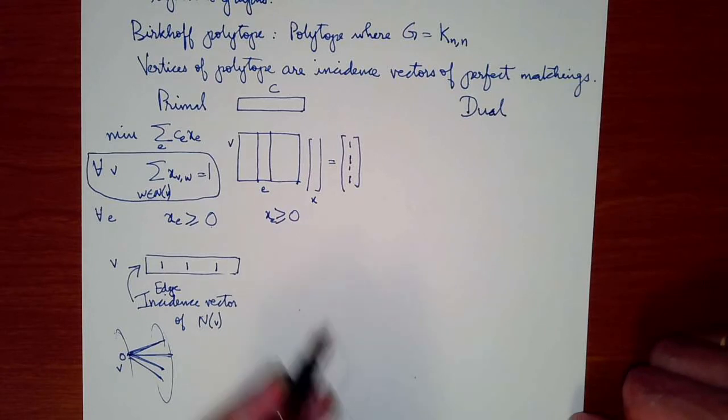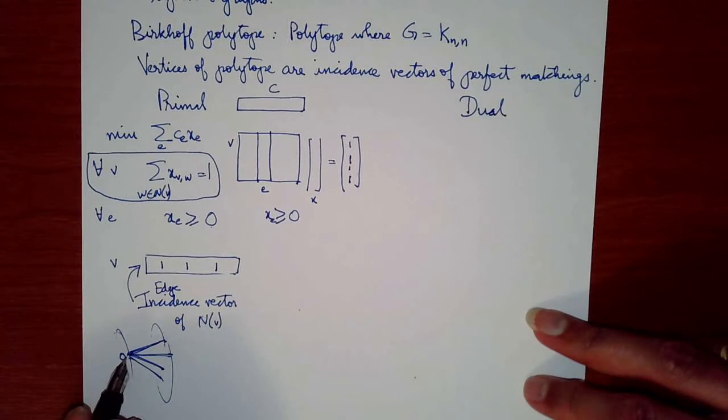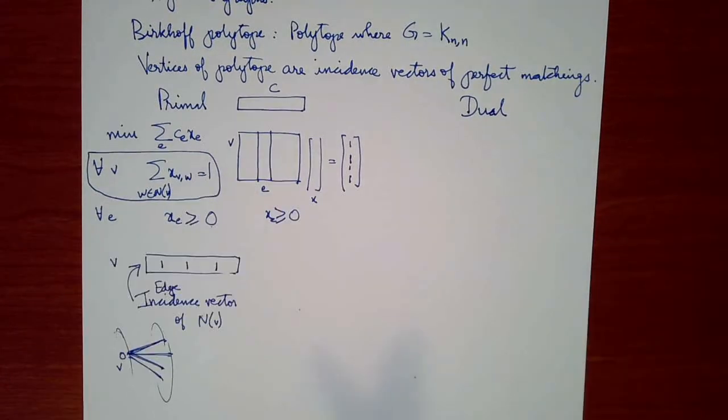Yes. What about the column now? Consider any edge. How many constraints is it going to appear in?